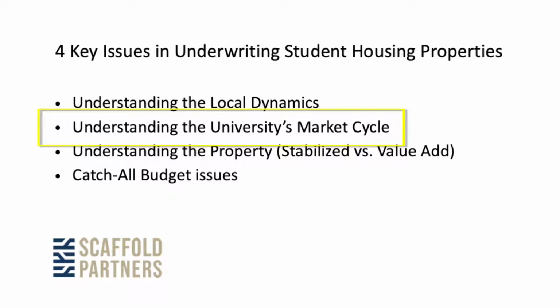Great. Okay, why don't we move to the second topic on our list, understanding the university's market cycle. Aiden, can you speak to that? Sure. So as you mentioned, the university's student housing leasing system is cyclical.